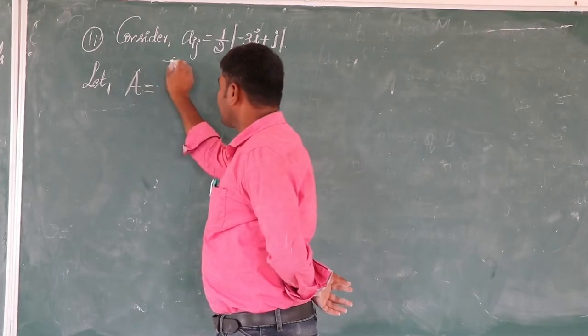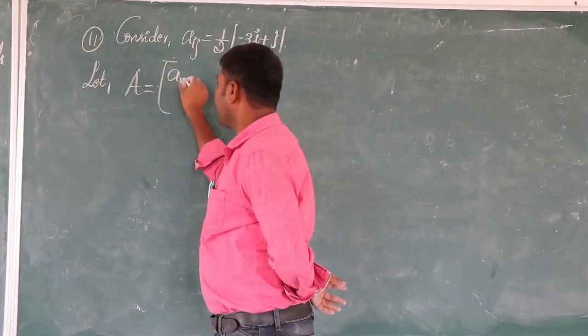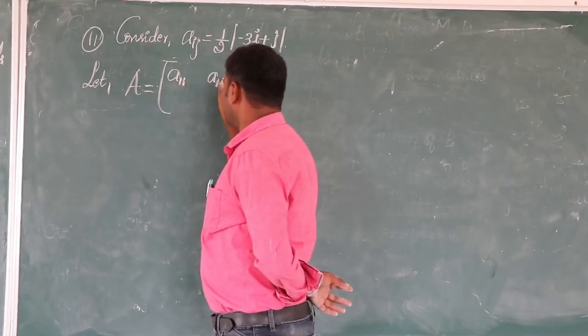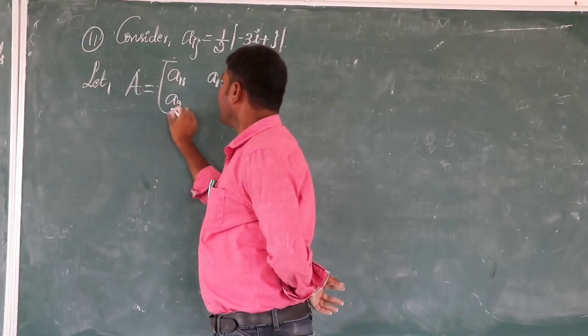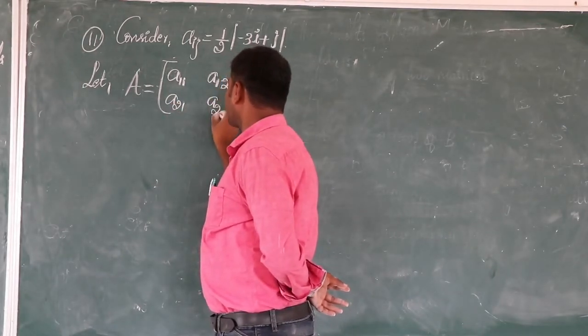The first row elements are a11, a12, and the second row elements are a21, a22.